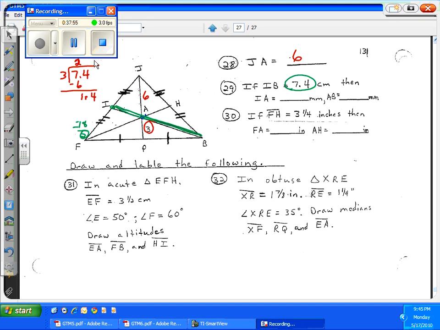You put your remainder 1.4 over your divisor 3. So we actually have this 2 and 1.4 thirds, but we don't leave a decimal in a ratio. It tells you that you can't have a decimal in a ratio on page 51 of the Algebra 1 text.